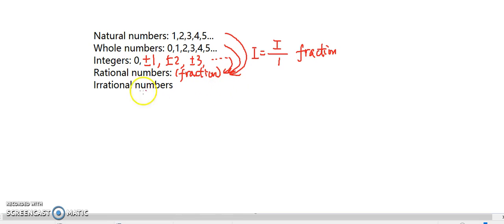Well, but there are numbers which are not rational numbers, which means there's no way we can write them as a fraction. For example, square root of 2, square root of 3, and square root of 5.